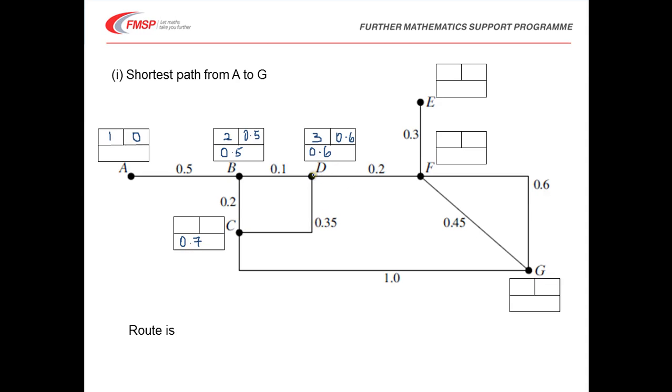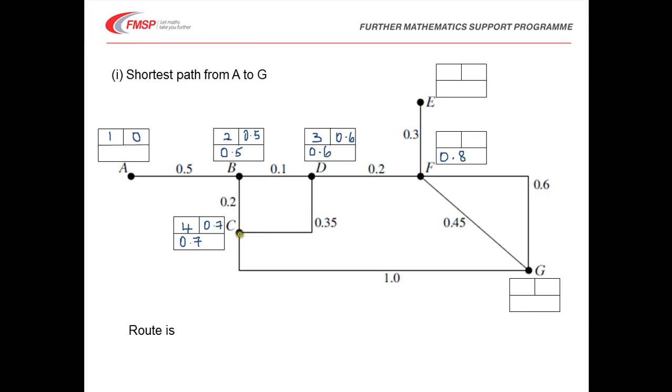We then consider that we could go from D to F, and that would be 0.6 plus 0.2, which is 0.8. And there's nowhere else we can go from D. So we now look at our temporary labels. We've got a 0.8 there and a 0.7 there. 0.7 is the smallest, so we'll put that in there, and it's the fourth node that we have made permanent.